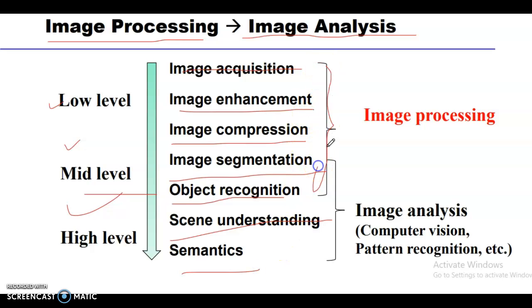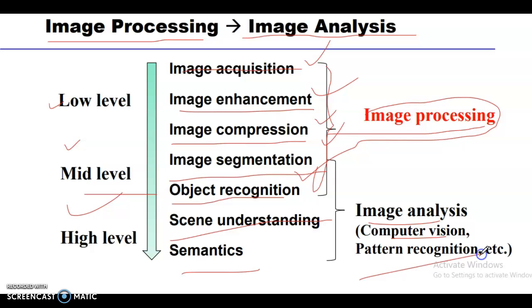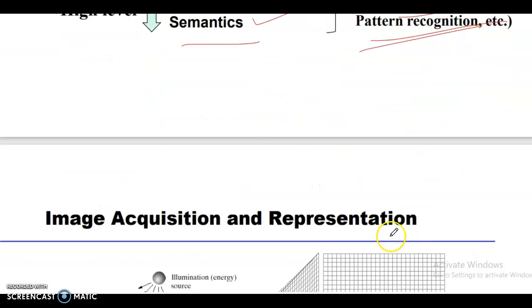Up to here is image processing. Image analysis is computer vision, pattern recognition, etc. Image segmentation, object recognition, scene understanding, semantics all come under image analysis, computer vision, pattern recognition.